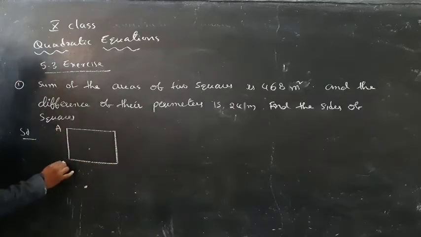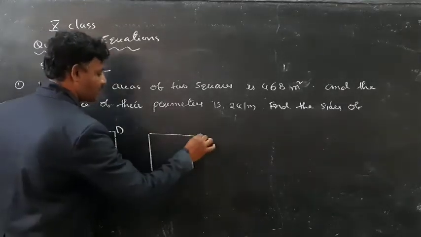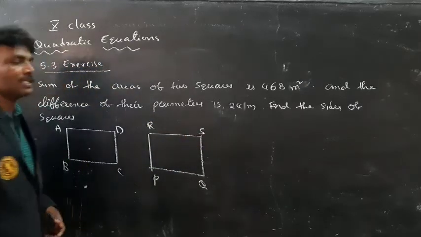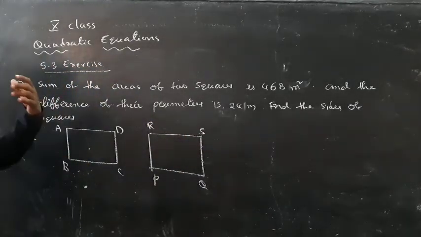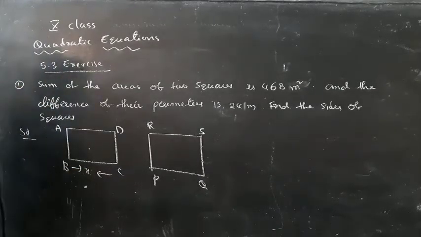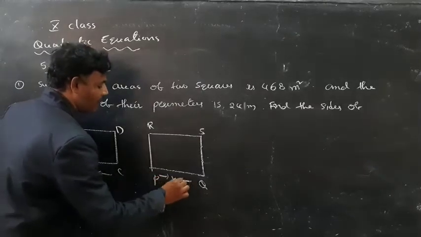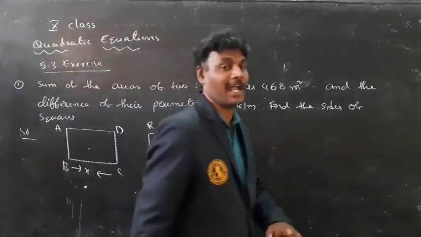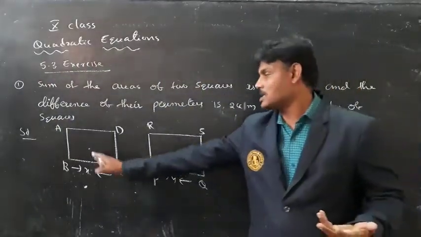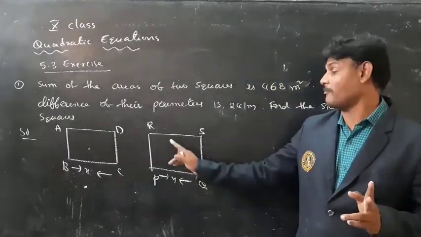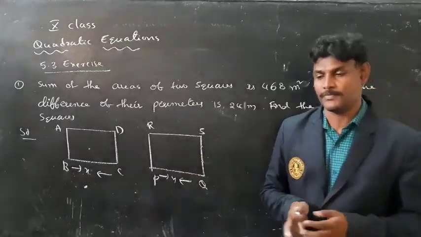I am taking one square as ABCD and another square as PQRS. I don't know the side of this square and also I don't know the side of that square. For example, I am taking the side of ABCD as x meters and the side of PQRS as y meters.